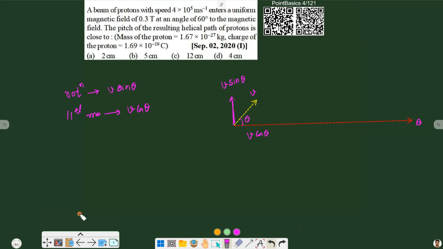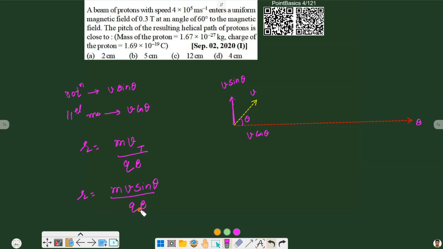We know that the rotation radius is equal to m times perpendicular velocity by qB. So here the radius will be m v sine theta by qB. Using this radius we can find the time period.